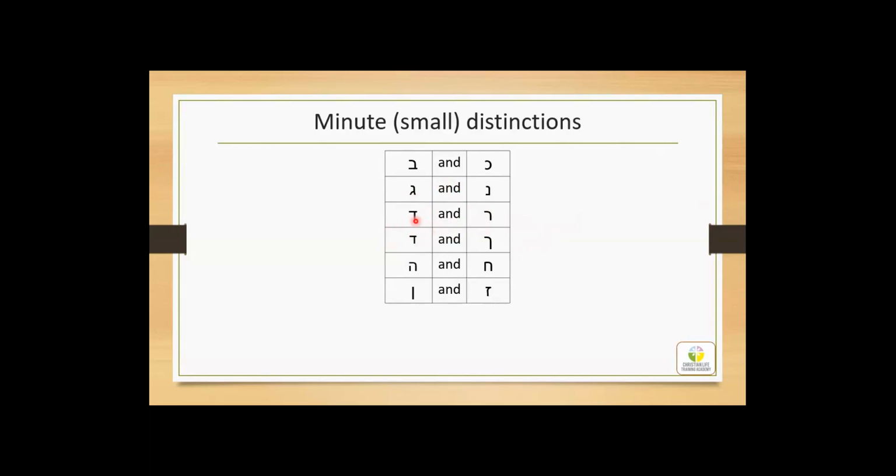We're not reading at the moment, but I am just pointing these out to you to have a look and see what the distinctions are so that you can learn them. If I point it out to you and I say, what is that? You're going to say the resh is round. That's a resh. That is a dalet because it's got a tittle. Okay.